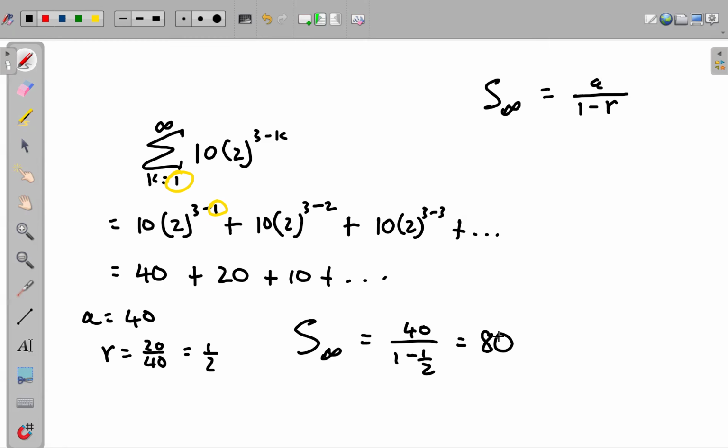So it's very, very important that you also know the link between sum to infinity and sigma notation. The same thing goes for the sum of a geometric series. You need to be able to figure all that out.